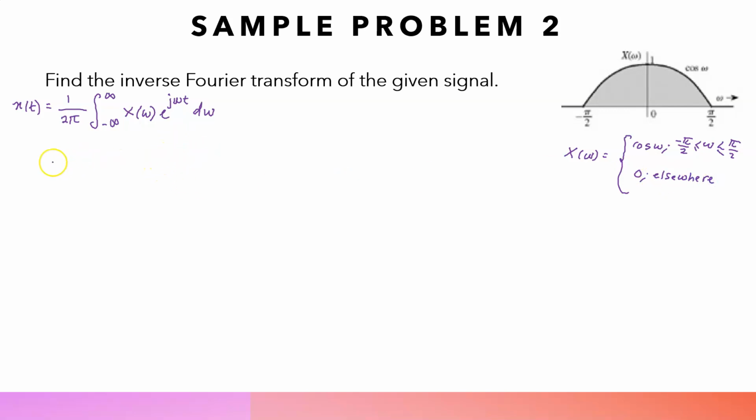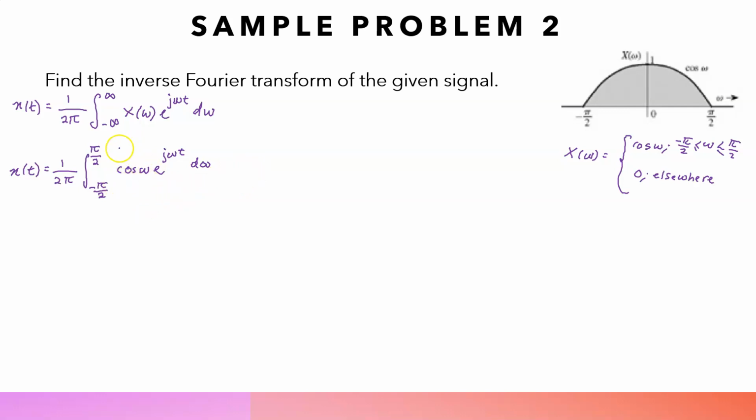So if we substitute this definition of the signal into the general equation, we will get x of t equals 1 over 2 pi integration from minus pi over 2 to pi over 2 of cos omega e^(j omega t) d omega. The rest is 0, so we just leave it like this.